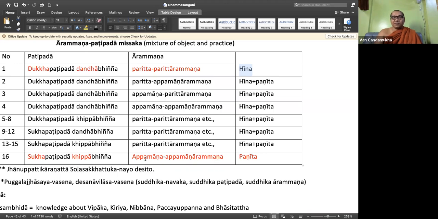Among these 16, this one is called purely panida.